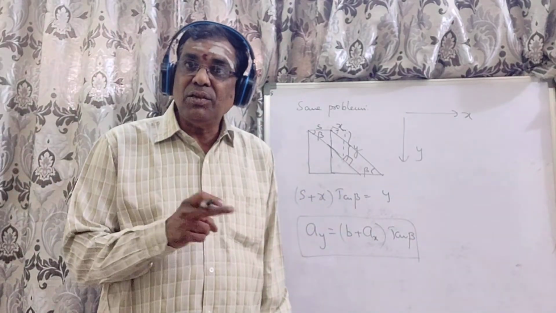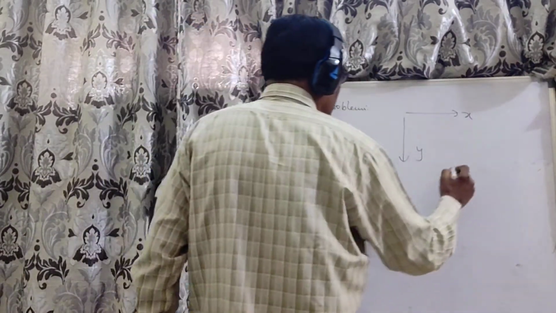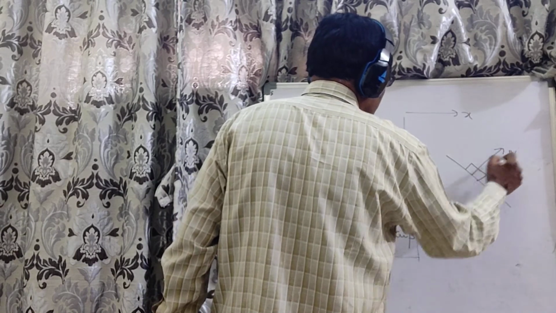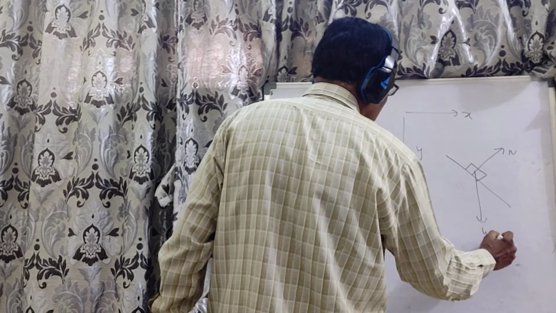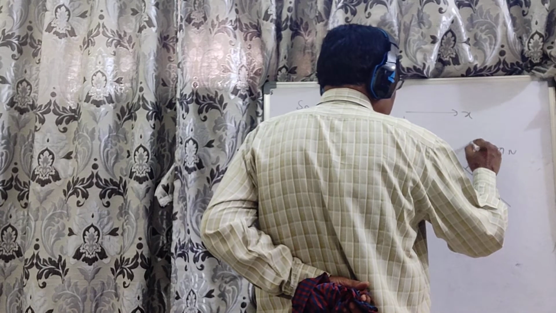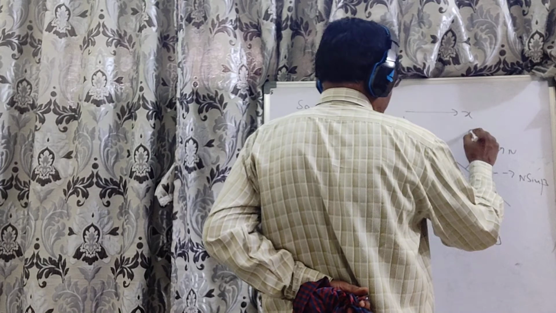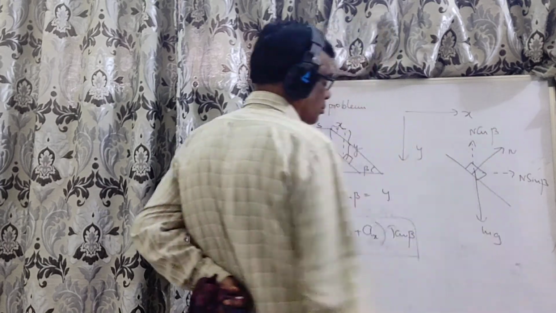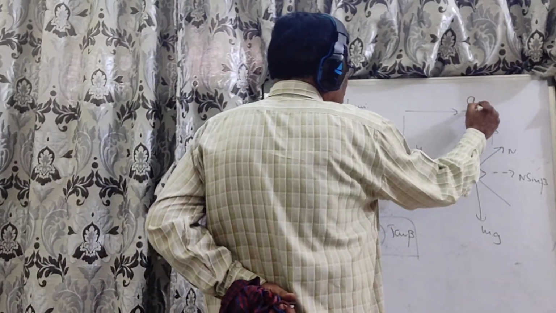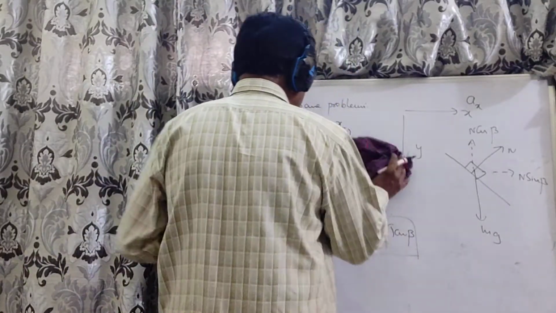Now while writing the equations, you have to write appropriately. Your x is like this, y is like this. So take the body. This is N, this is mg. Now you have to do it in the horizontal and vertical. Acceleration in this direction is ax. So how do you write the equation there?